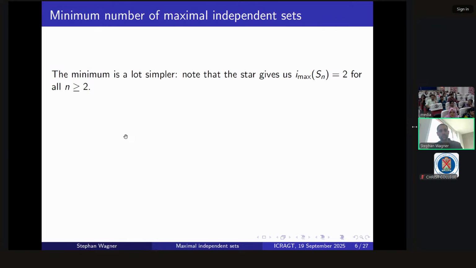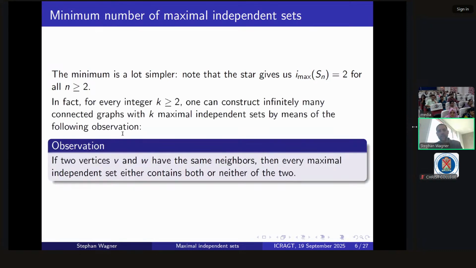At the moment. In fact, for any integer k greater than or equal to 2, it's possible to construct infinitely many connected graphs that have precisely k maximal independent sets by using a simple observation, namely that if two vertices have the same neighbors, then every maximal independent set either contains both of them or neither of the two. Let me quickly illustrate this.